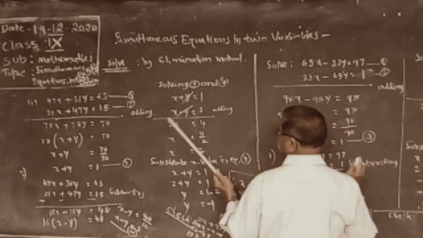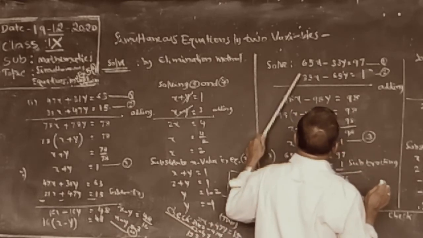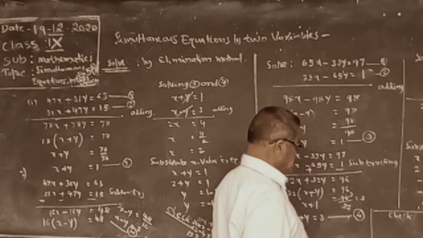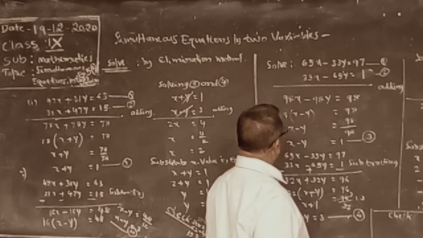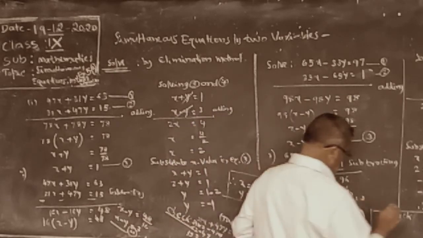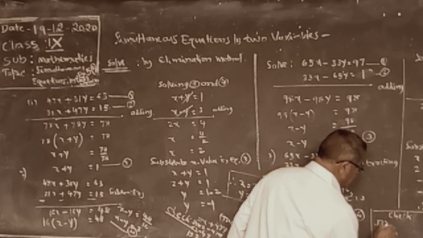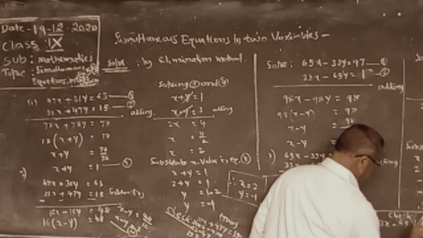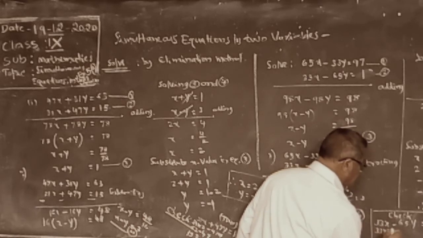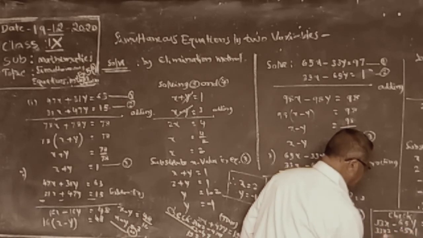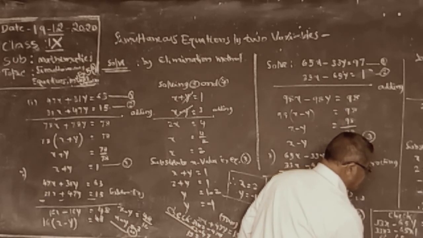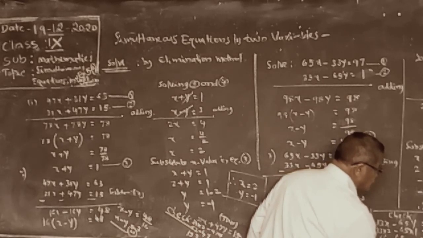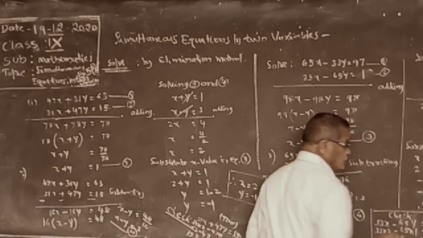Take the second equation. 33x minus 65y is equal to 1. 33 into 2 minus 65 into 1. 66 minus 65, 1. 1 equal to 1. True. Like this, we have to check our answers.